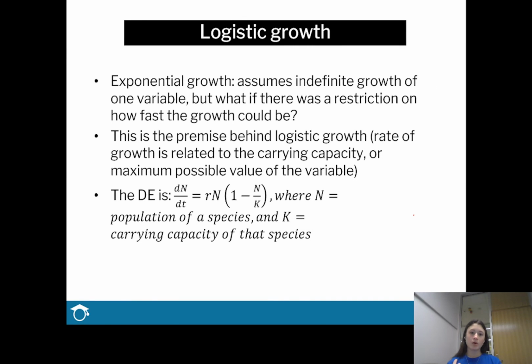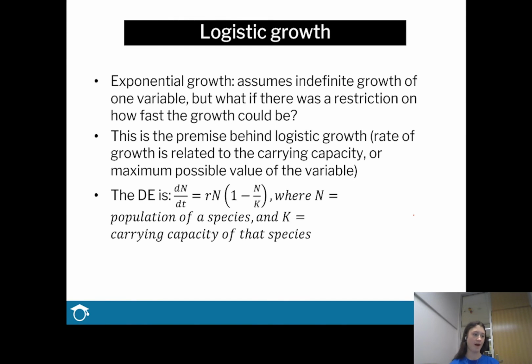Okay, moving on to logistic growth. So exponential growth kind of assumes an indefinite growth of one variable, but logistic growth considers a restriction on how fast the growth could be, or like the limit of how fast the growth could be. So in logistic growth we have something called carrying capacity, and that is kind of like the maximum value reached.